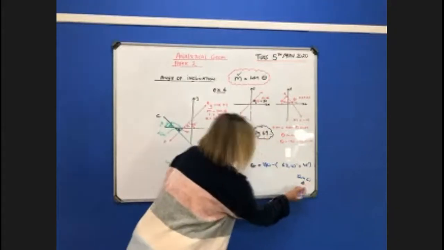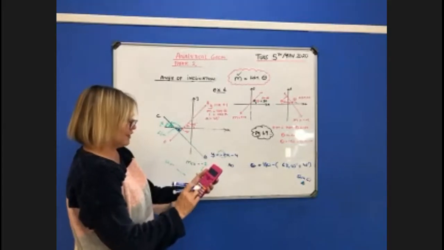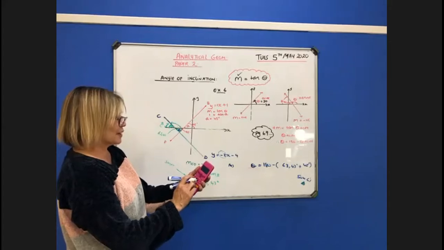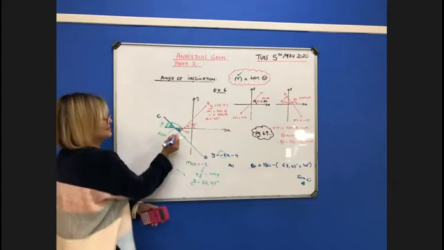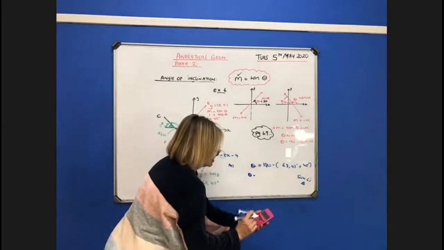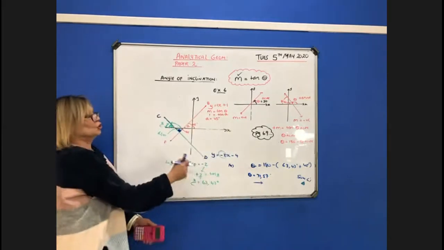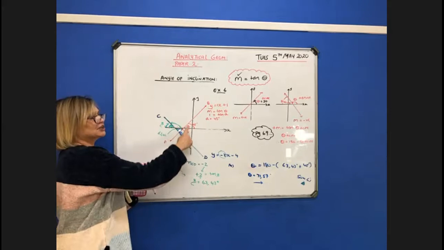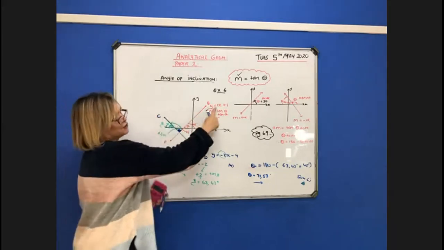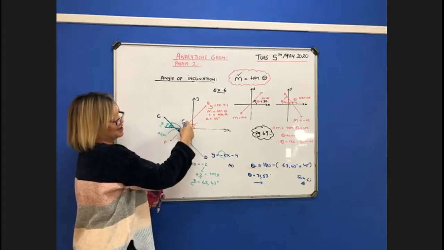So if I just go 180 degrees minus open bracket 45 plus 63.43 close bracket, then this angle theta here is going to be approximately 71.57 degrees. So if they had just said, determine the angle of inclination of this red line, they just want that angle between the x-axis and the line.